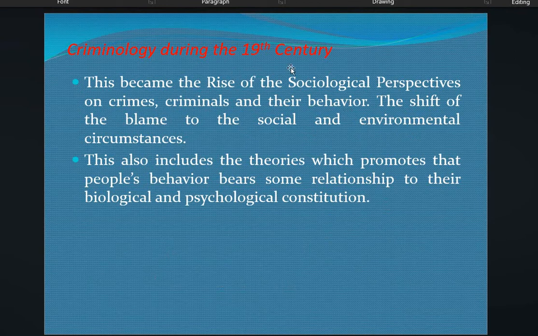So the criminology during the 19th century, this became the rise of the sociological perspective on crimes, criminals, and their behavior. The shift of the blame to the social and environmental circumstances. This also includes the theories which promote that people's behavior bears some relationship to their biological and psychological constitution. Okay? So, pagdating po dito, this focus on the crime, the criminal, and the behavior of the criminal itself.